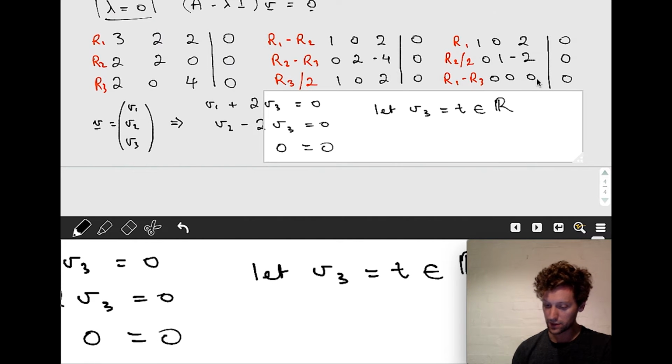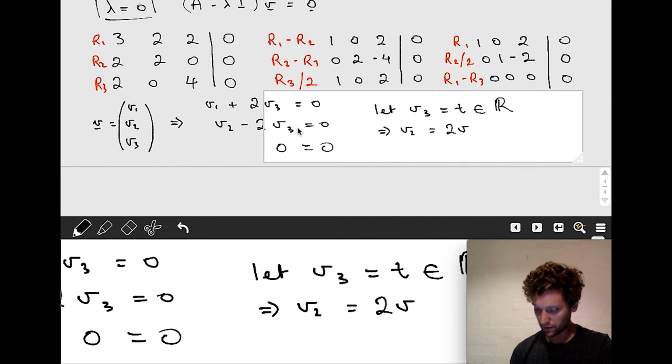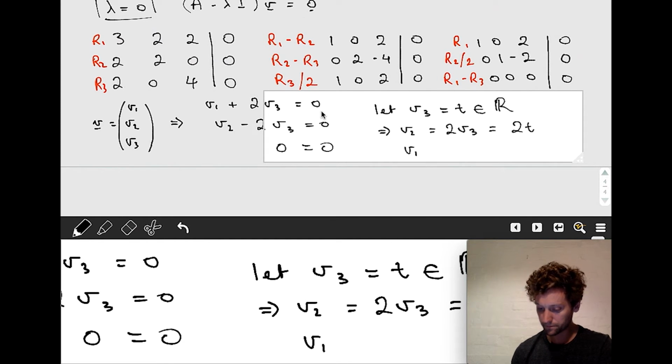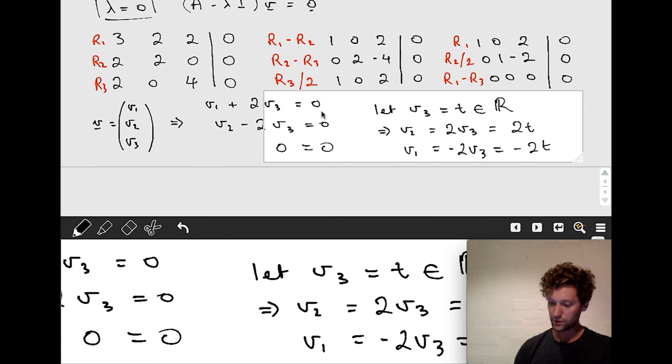Then that second equation tells me that v2 is equal to 2 times v3, which is equal to 2t. And that first equation tells me that v1 is going to be minus 2v3, which is equal to minus 2t.